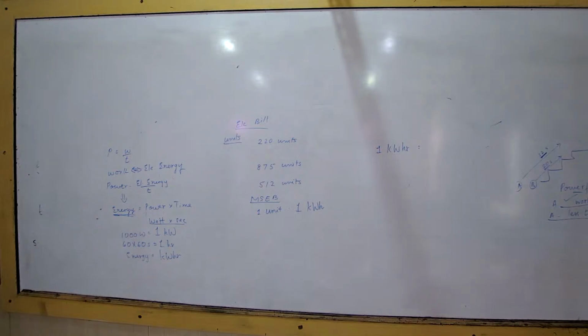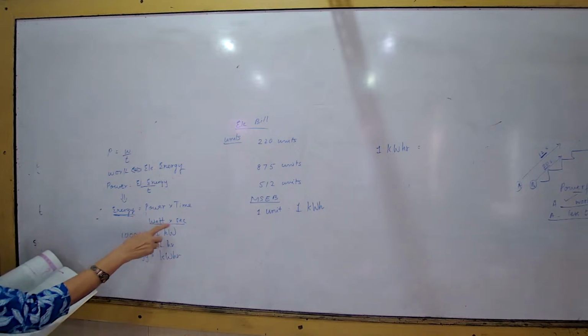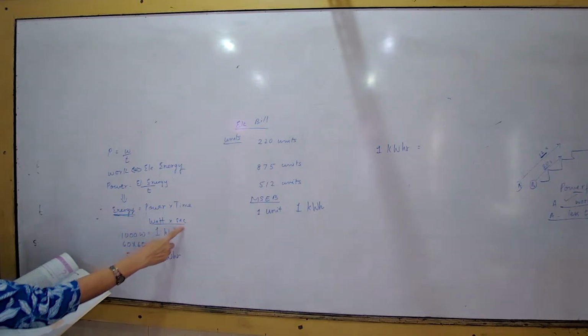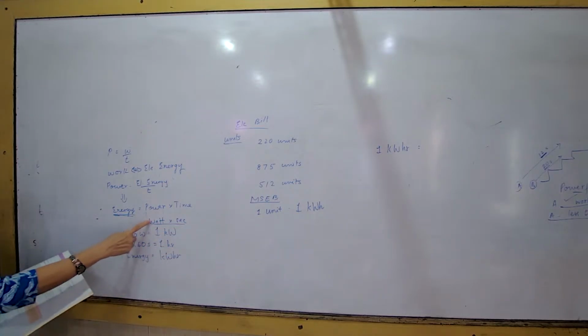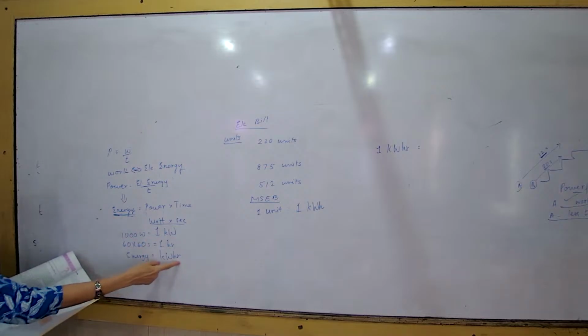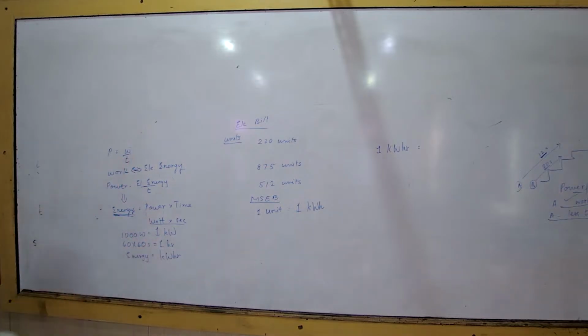E, electrical energy, is equal to P into T. The unit of electrical energy is therefore watt hour. So watt and time, instead of writing seconds, it is hour. Similarly, instead of watt, we are using a bigger unit which is 1 kilowatt, and therefore we are talking in terms of 1 kilowatt hour.